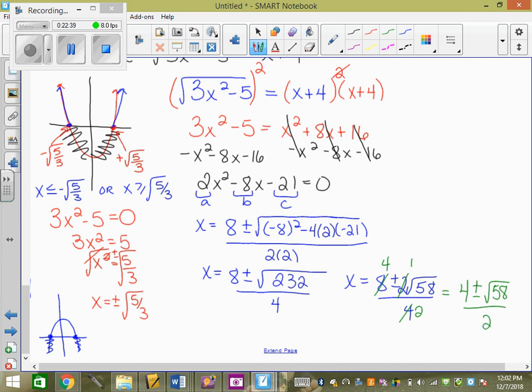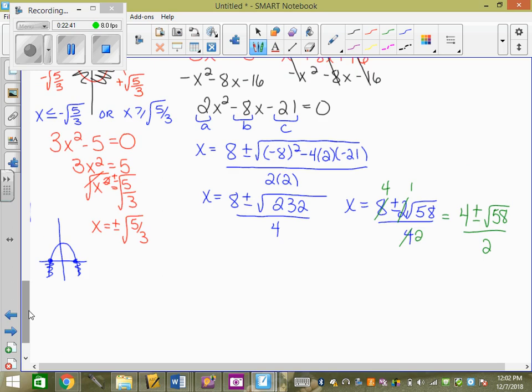And then we want to write what our 2 answers are approximately. So x equals 4 plus root 58 over 2, which is approximately, the little squiggle means approximately, which means you rounded. It's not accurate anymore, it's just approximate.